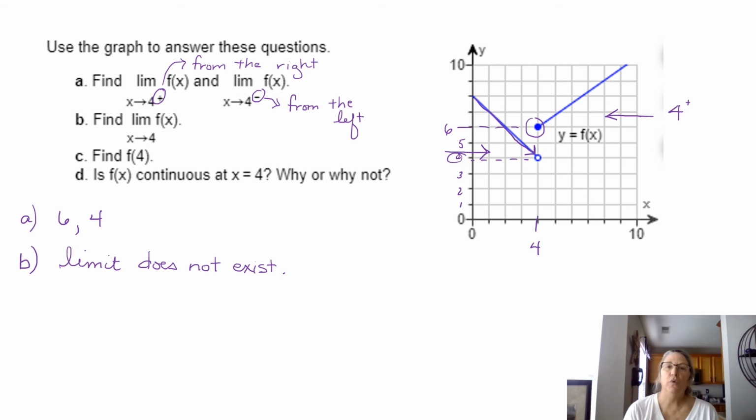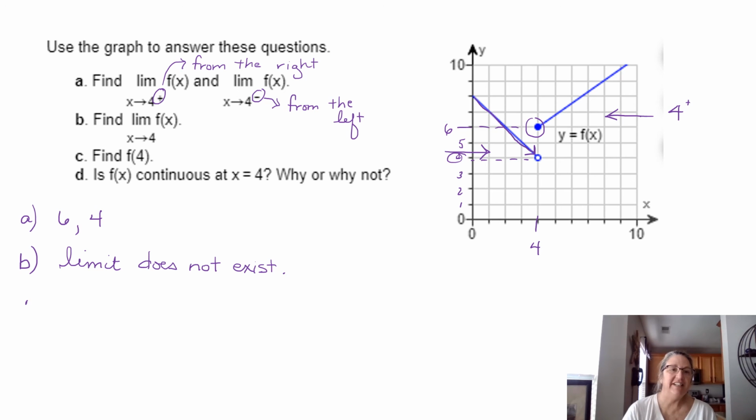The reason we say the limit does not exist is because to be the limit, it has to be approaching the same number from the left and from the right. And in this question, we can tell from the answers in A, since they're different, the limit does not exist. Had they both been approaching the same number, then that would be the answer to B.